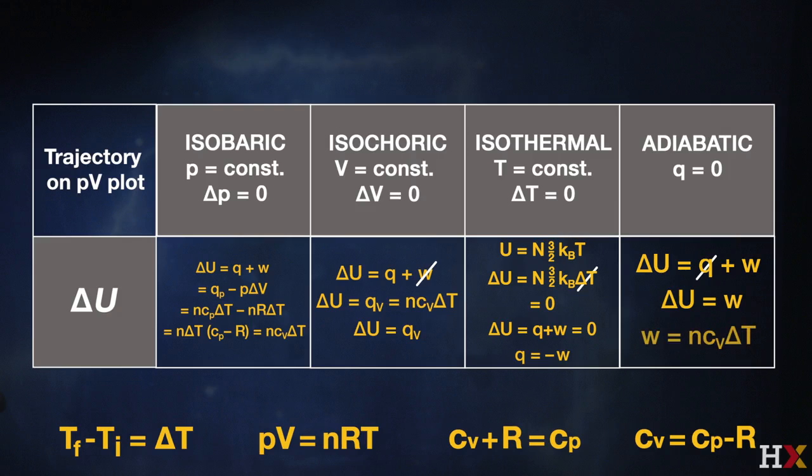The work term is equal to delta U, which is equal to the number of moles times the molar specific heat capacity at constant volume times that change in temperature. So notice that we've been able to apply that fundamental principle that because U is a state variable, we can always calculate delta U between any two temperature points.